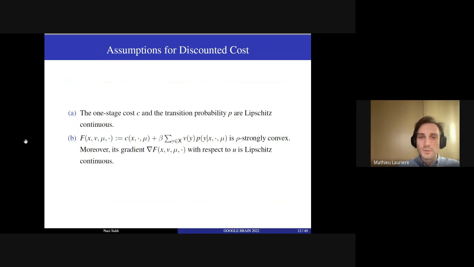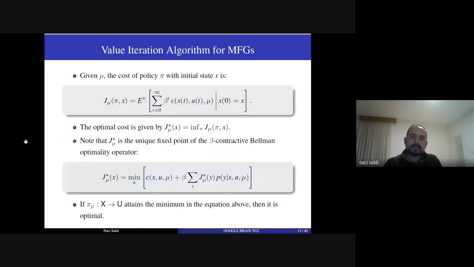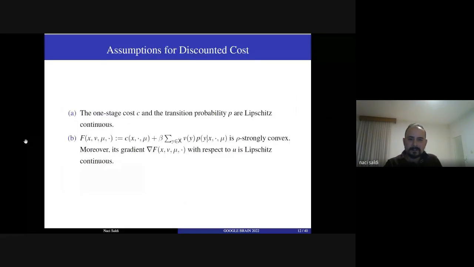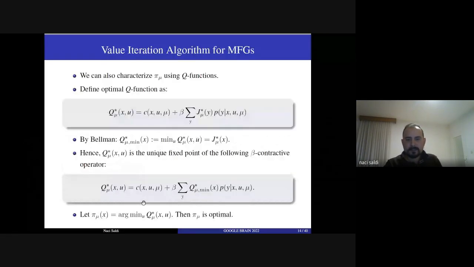Yeah, exactly. The fixed point of this Bellman optimality equation should satisfy some convexity and other conditions, and because of that, we have a unique minimizer for any Q function.